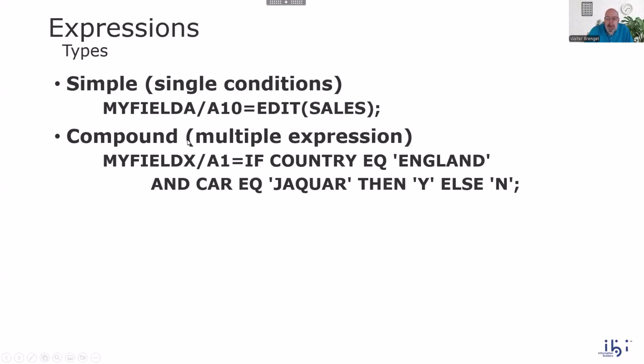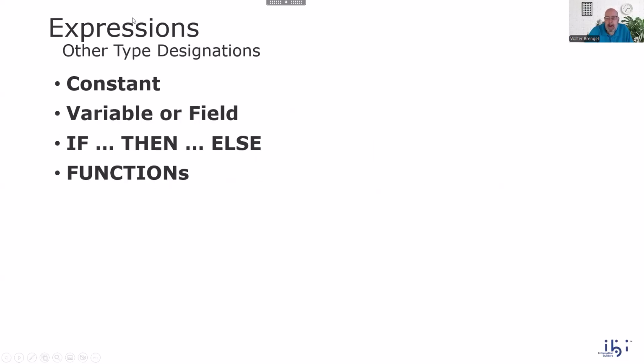We also have simple versus compound. A simple is field name equals a simple single expression. Compound would be multiple expressions. So here I have IF COUNTRY EQ ENGLAND AND CAR EQ JAGUAR THEN YES ELSE NO. So other designations: an expression can be a constant.